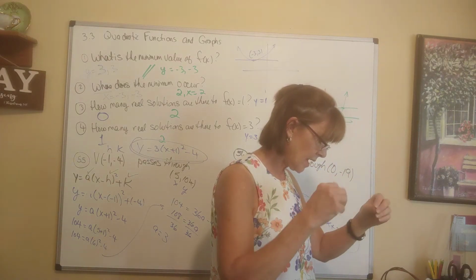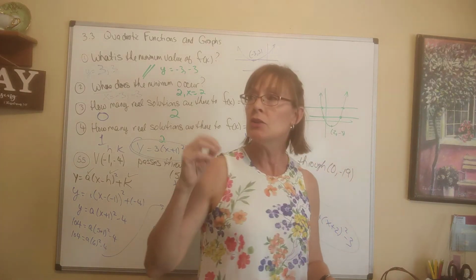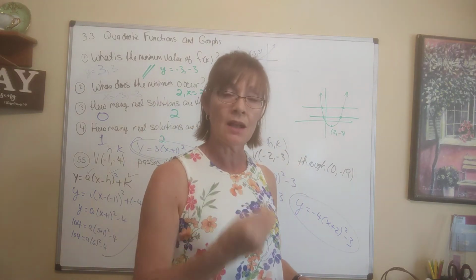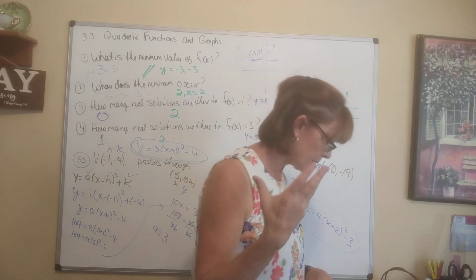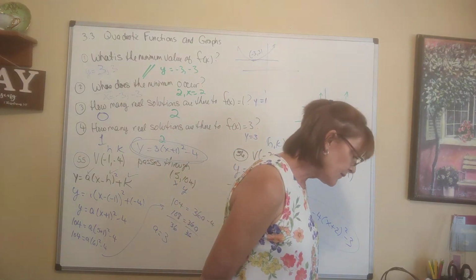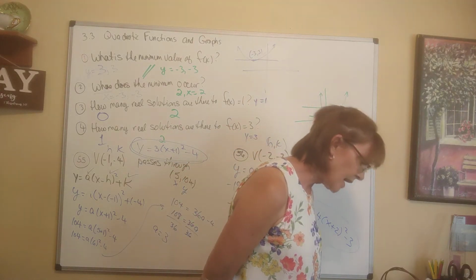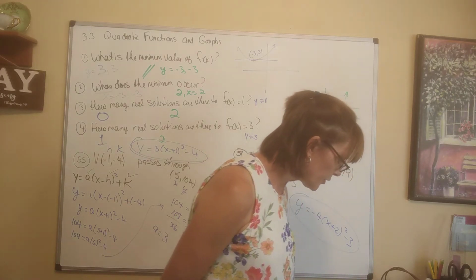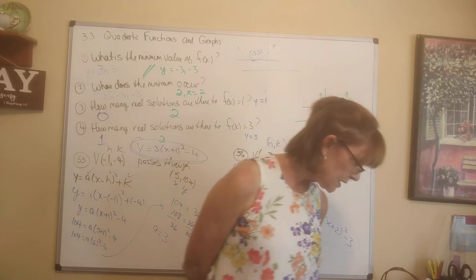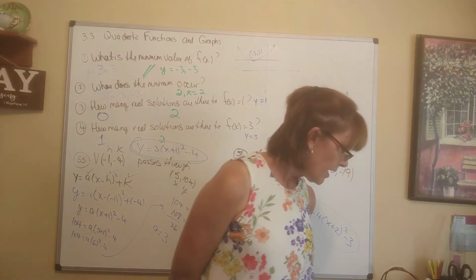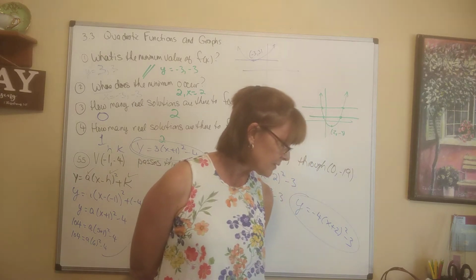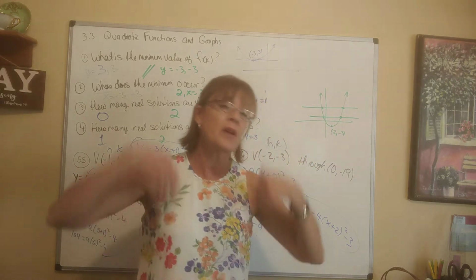S is the variable we usually use to indicate motion, where something is, the position of an object. So it says if air resistance is neglected, the height s in feet of an object projected directly upward from an initial height s sub 0 feet with initial velocity v sub 0 feet per second is given by this equation.